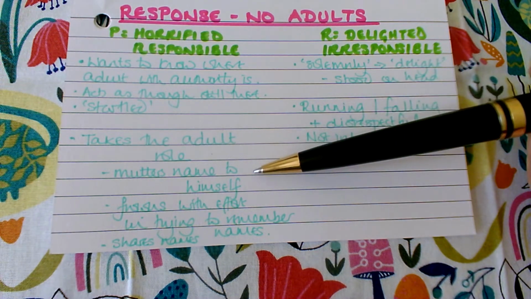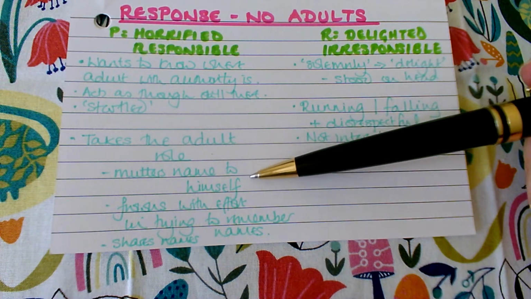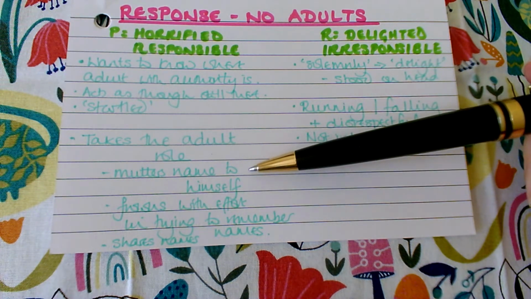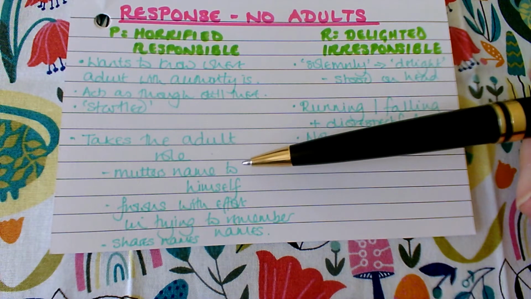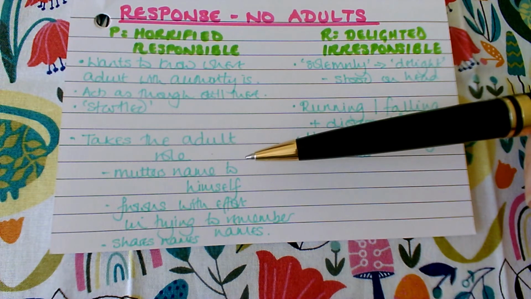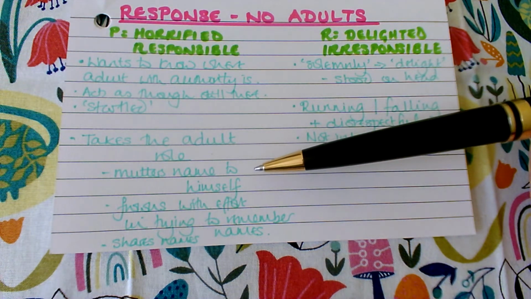So what Golding then does is he describes Piggy's actions in a way that makes it clear to us that he's taking the adult role. An adult thing to do, and again I refer to someone leading a school trip, is to make sure they know who's there, how many people are there. So Piggy starts taking the names as though he's a parent or a teacher. He definitely is doing something that's very grown up and responsible there.